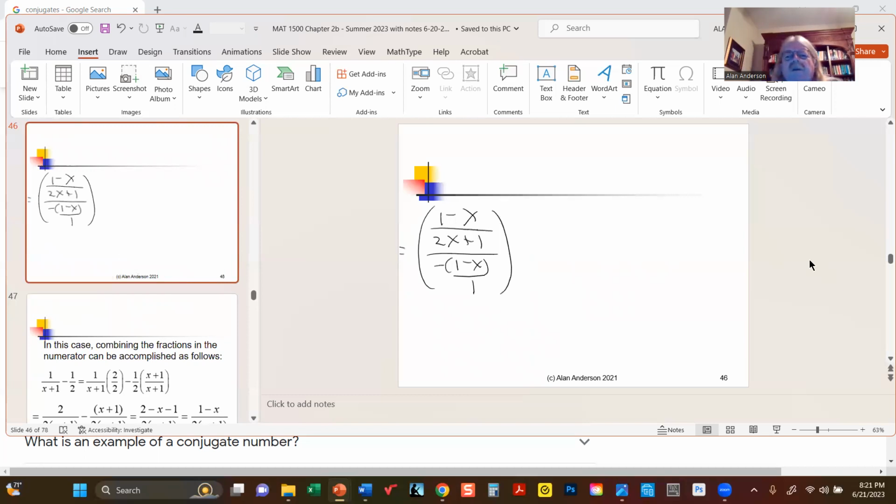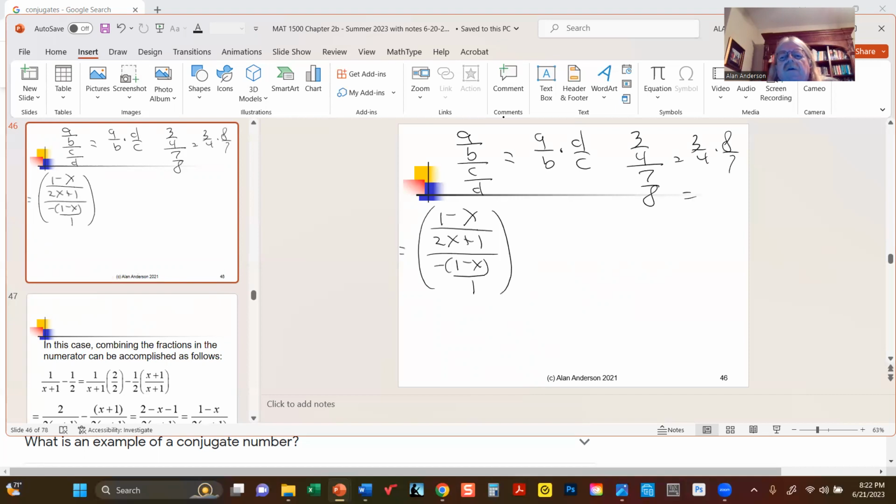Now, I just want to quickly remind you, here's an important property of algebra. A over B over C over D is the same thing as A over B times D over C. For example, 3/4 over 7/8 would be the same as 3/4 times 8 over 7, which is 24 over 28.